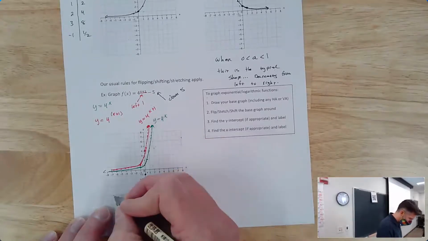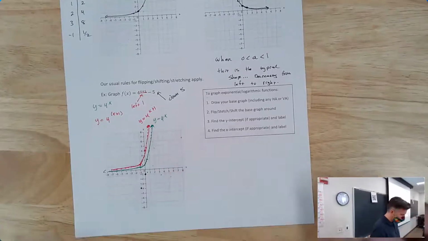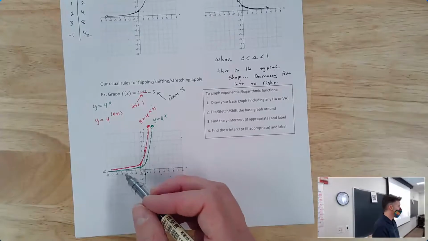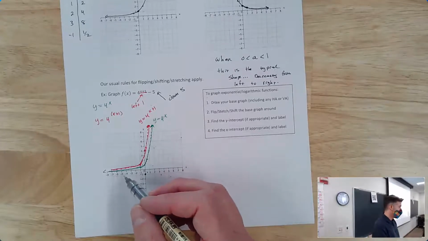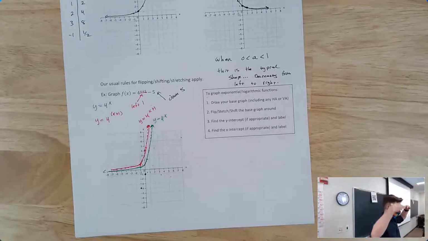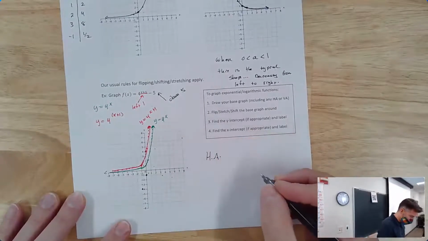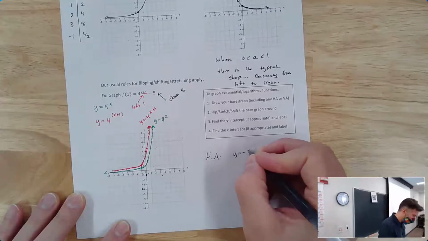So I've got this. Something else moved down 5. These graphs both have a horizontal asymptote of y equals 0. That horizontal asymptote is going to move down the same amount. So my new horizontal asymptote is going to be y equals negative 5.